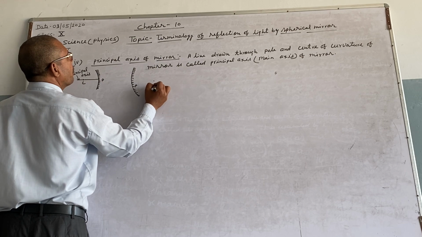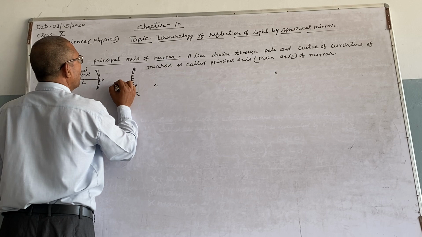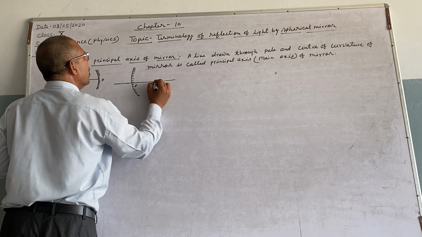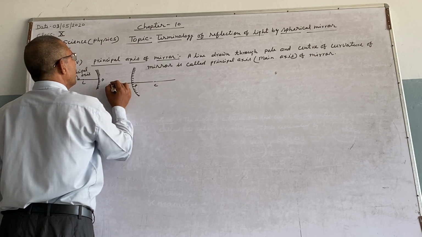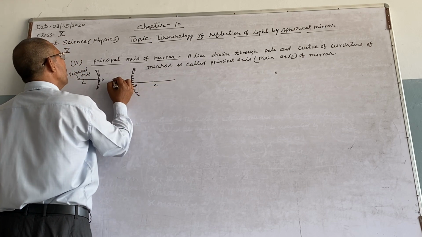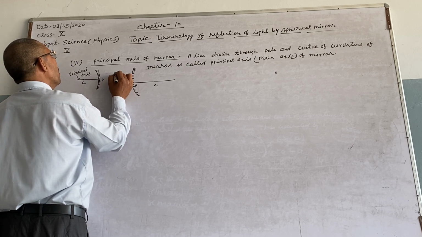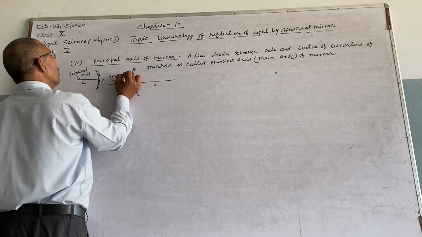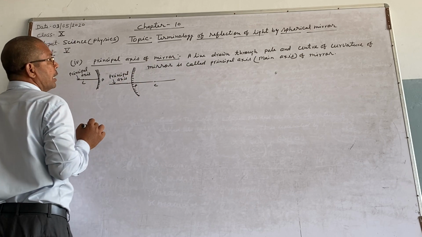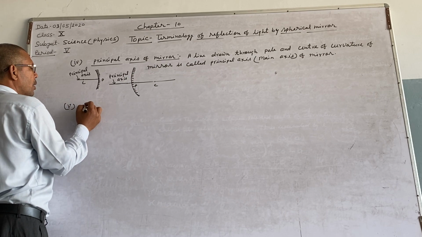This is center of curvature C, and a line joining pole and center of curvature. This is called a principal axis. Principal axis, right?